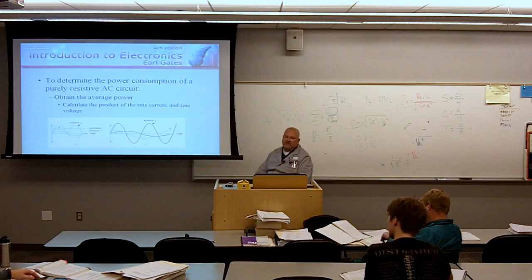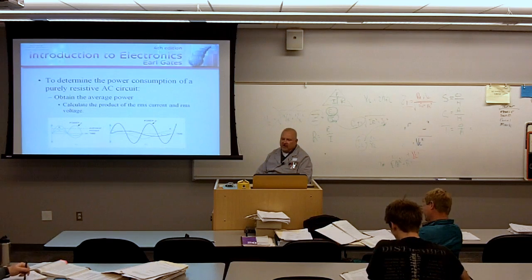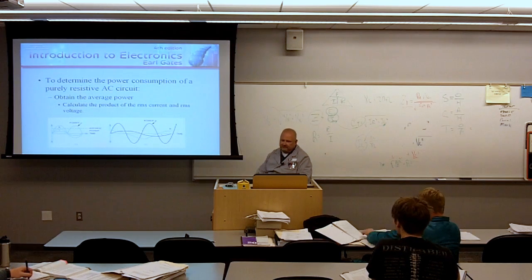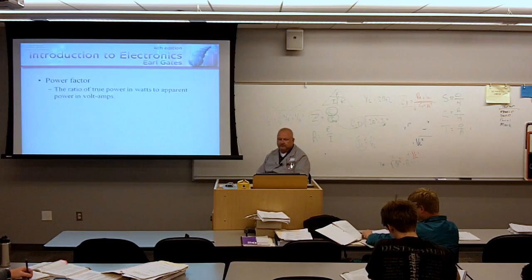To determine the power consumption of a purely resistive AC circuit, obtain the average power: calculate the product of the RMS current and RMS voltage. Voltage times current, it's average power.